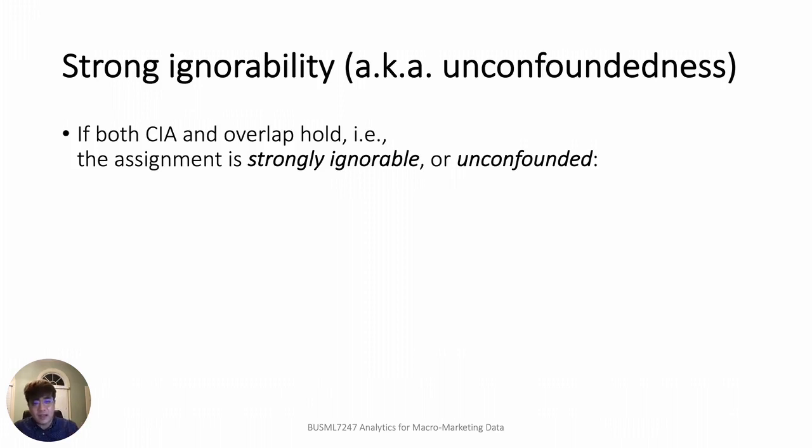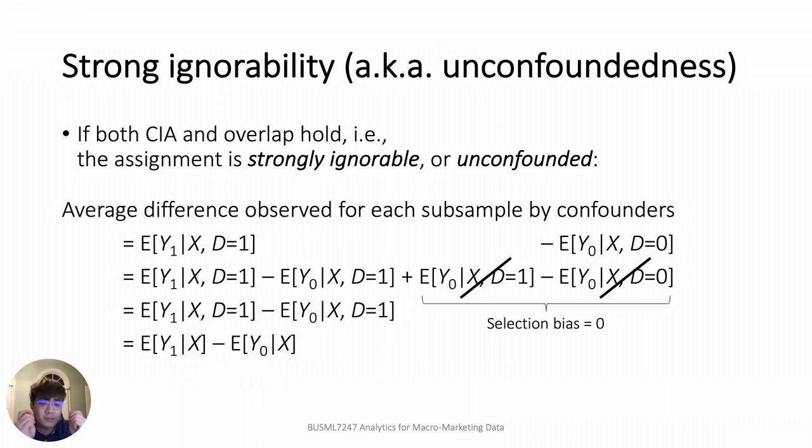If both CIA and overlap condition hold, we say the assignment is strongly ignorable or unconfounded. Then, for each subsample defined by the confounders, the selection bias becomes zero in the same manner, and the average difference in the subsample becomes the unbiased estimate of the theoretical causal effect conditional on the confounders.